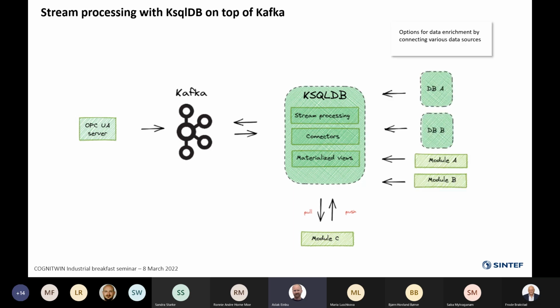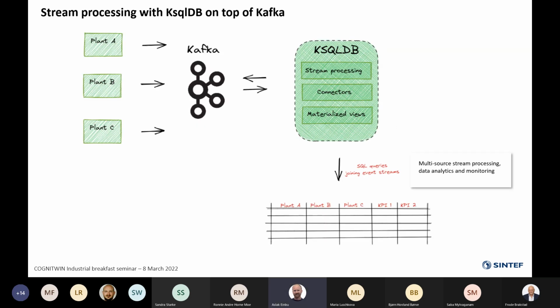Kafka can also have connectors, so we can, for instance, listen to different databases and have all the information going into Kafka. Or other modules could enrich the data flow. So there are many options here. The aim we're working toward, when we start having data here, is that we can connect applications from different plants, bringing them into Kafka clusters, and then doing queries with joint tables.